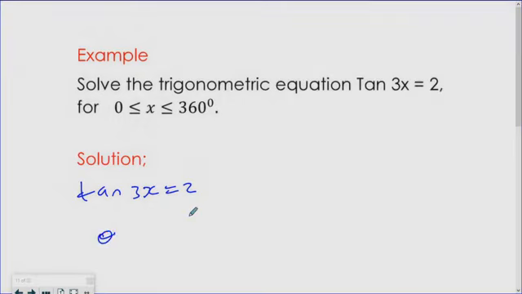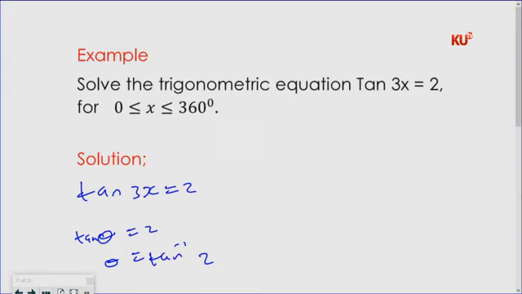You did this again in Form 2. If you have, let's say, tan theta is equal to 2, to get theta, you are to say theta is equal to tan inverse of 2. Use your calculator to save time, though you can also use the four-figure mathematical tables, but for this one, just use the calculator.